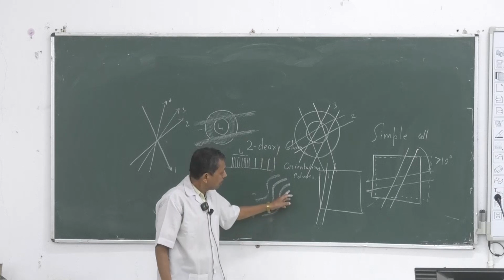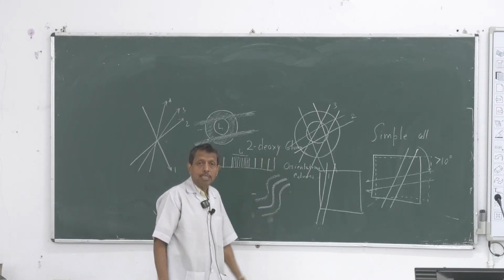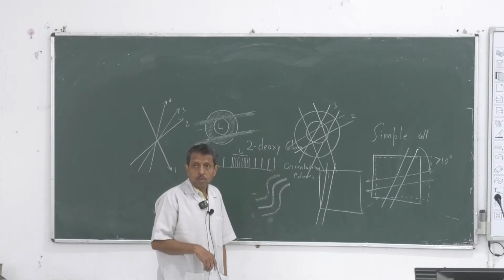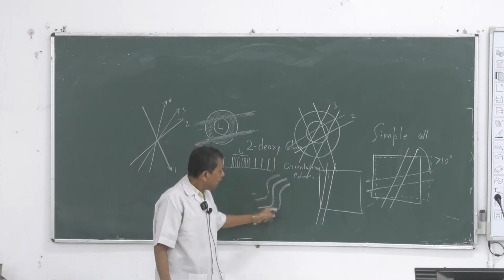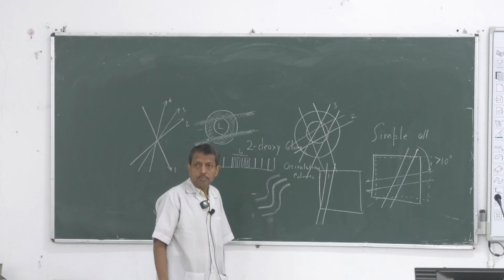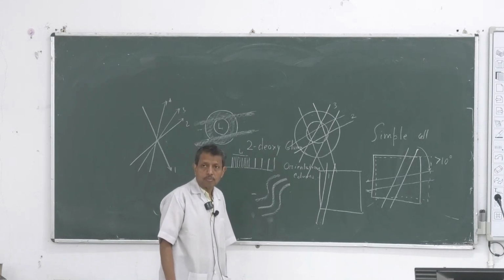And these orientation columns can be detected by 2-deoxyglucose, because when the cells are active, they utilize the glucose, and by detecting the 2-deoxyglucose, these types of stripes can be seen. These are called orientation columns.